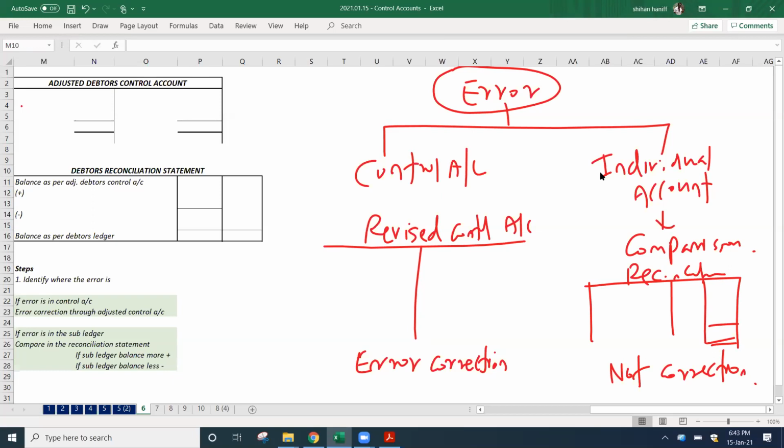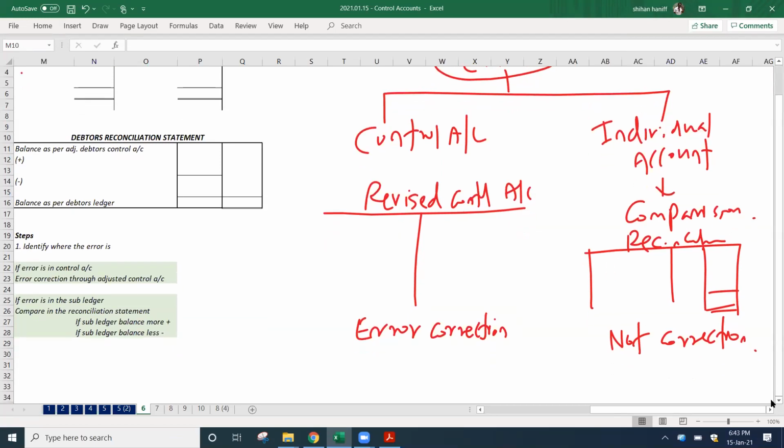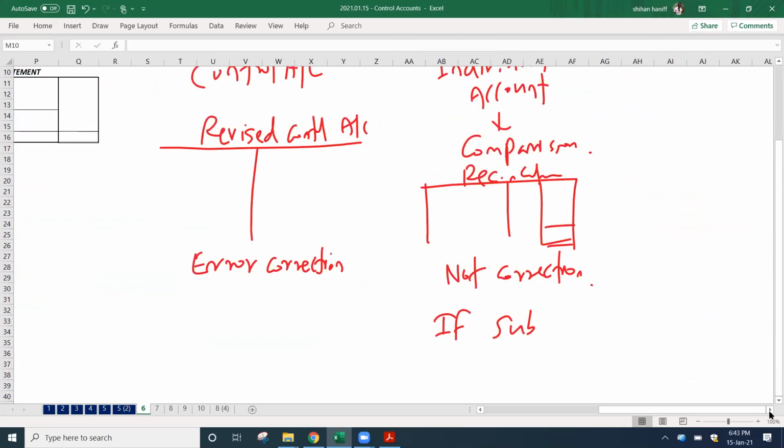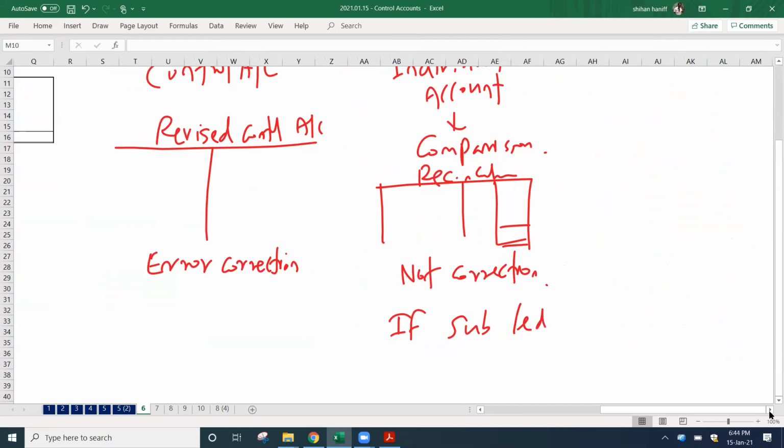When you compare, if the subledger balance is more, then it will be added; less will be minus.